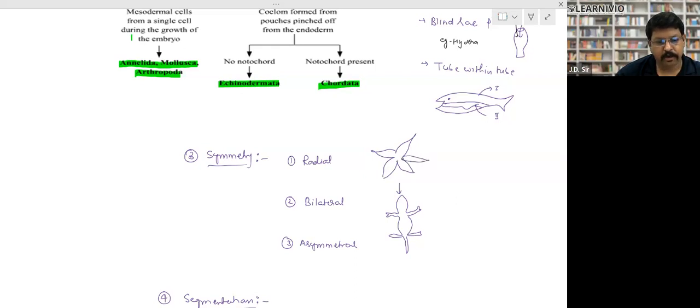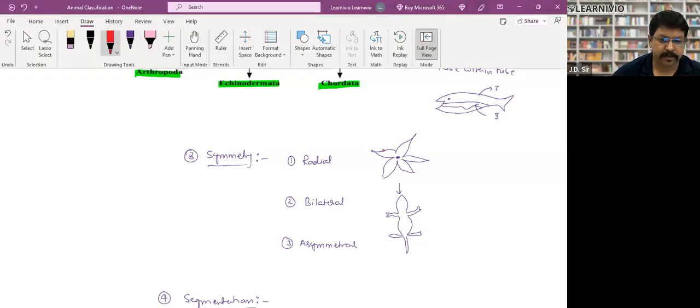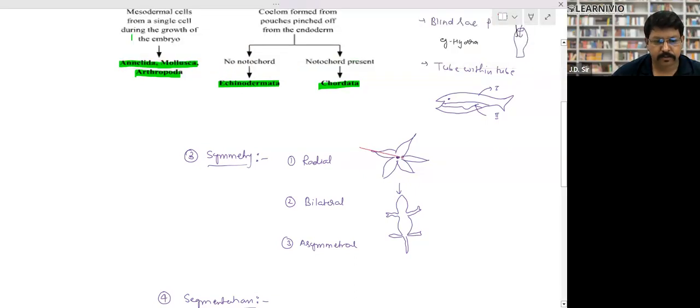Draw any line which passes through the center, from any point, and you can divide the organism into two equal parts. That kind of symmetry is called radial symmetry, right?